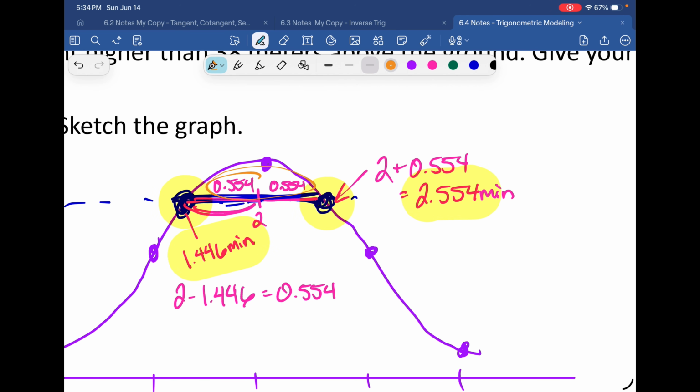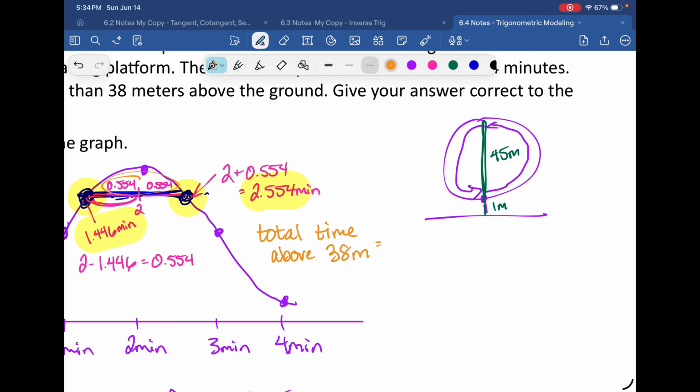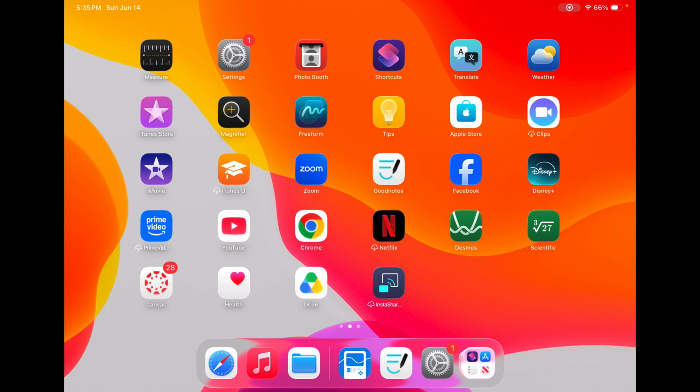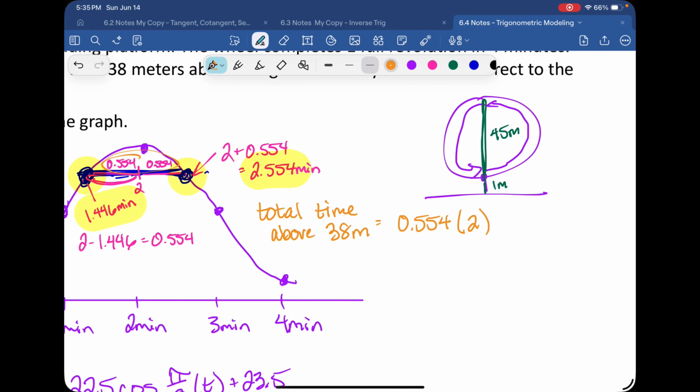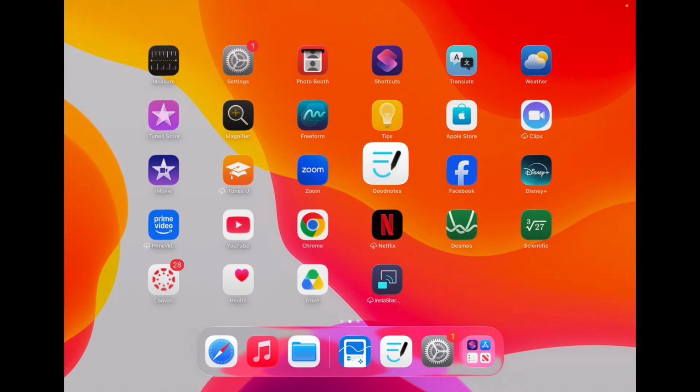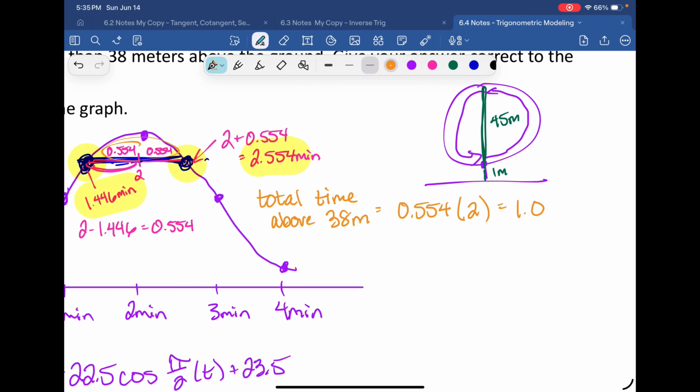All right, so I'm going to add them together. Okay, so I'm going to highlight it, and times 2, 1.108. All right, now this was specific to the nearest second.